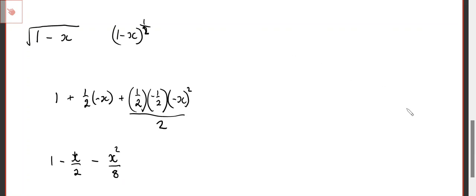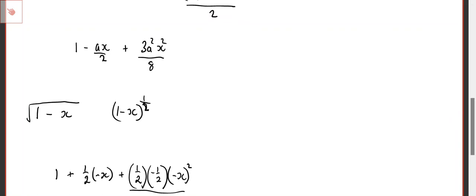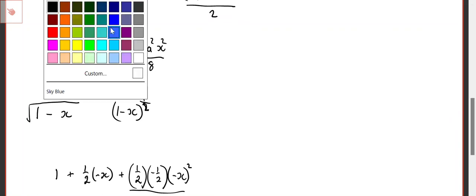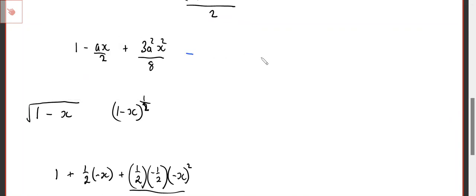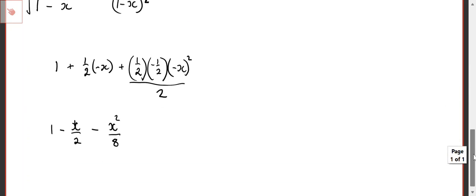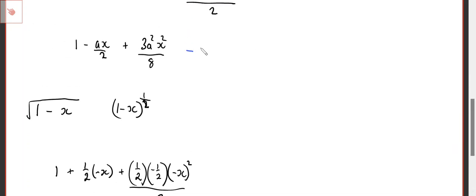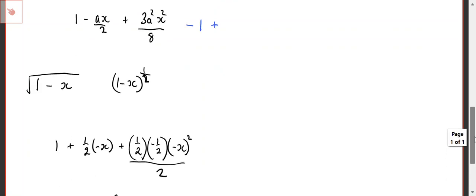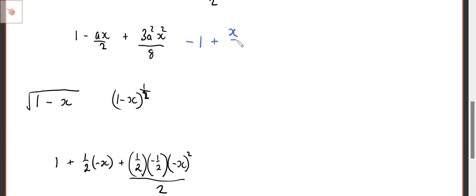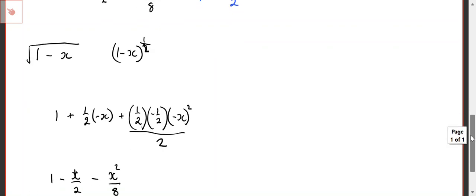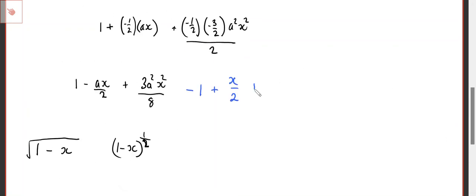Okay, so let's combine those two things then. So we've got that, and I'm going to subtract 1 plus x over 2 and plus x squared over 8.